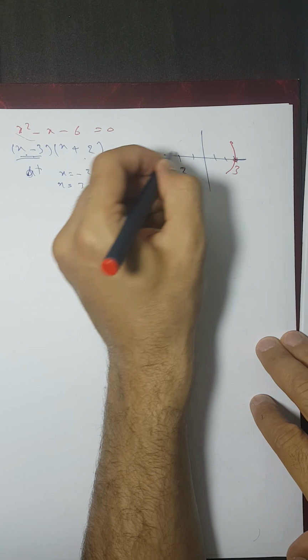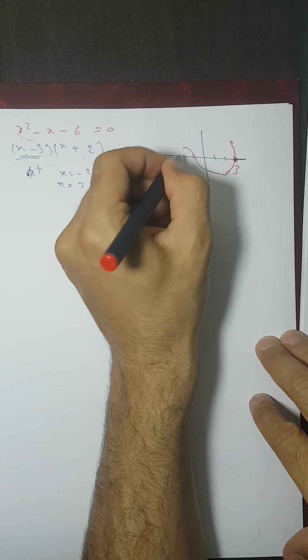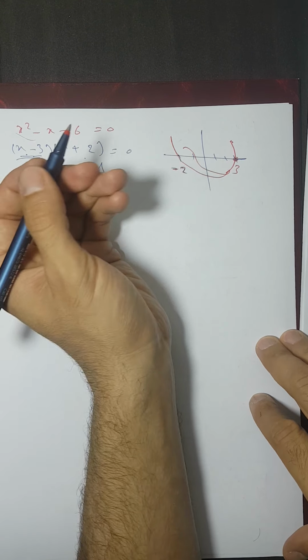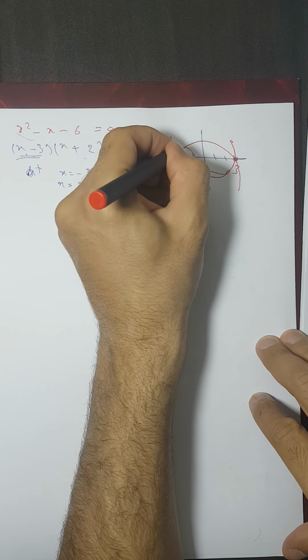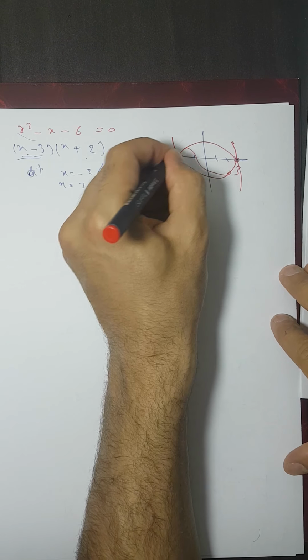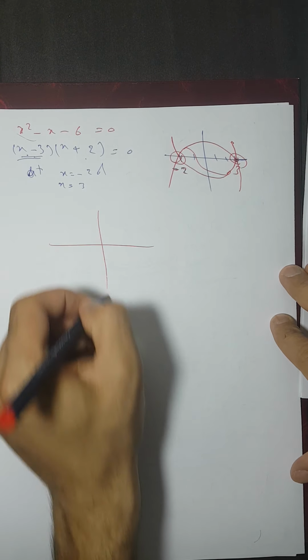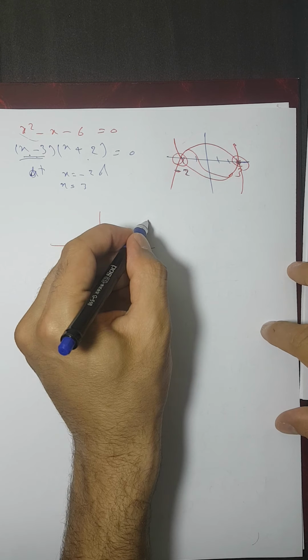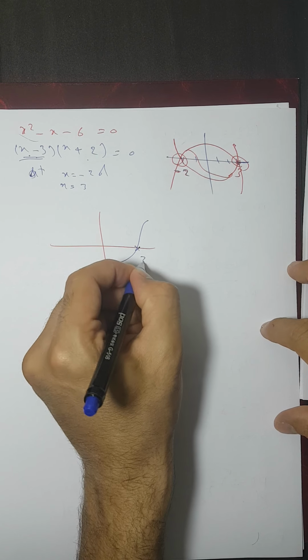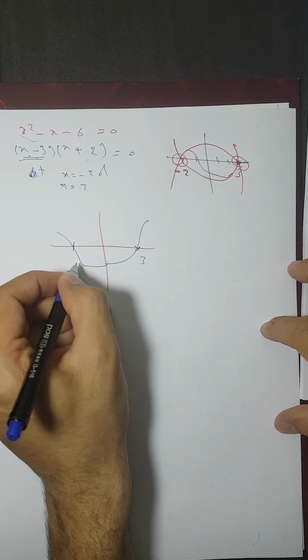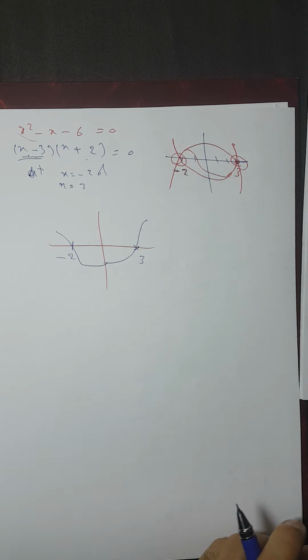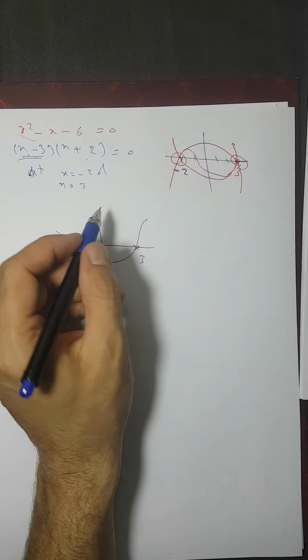I don't know, maybe like that? No. Maybe like that? I don't know, but I am sure that I have an intersection. My graph, anyway, is going to intersect at 3 and minus 2.